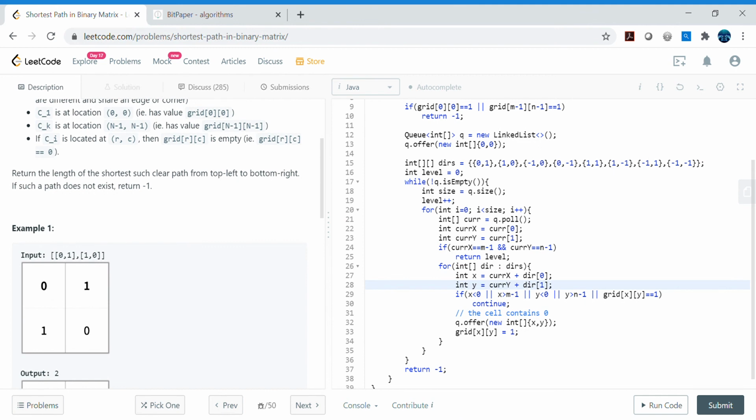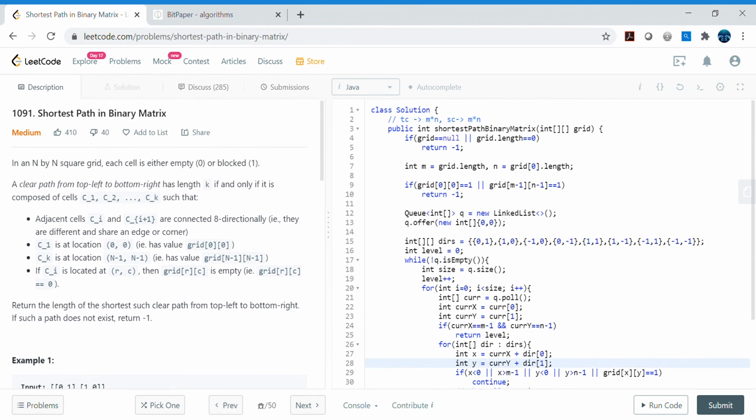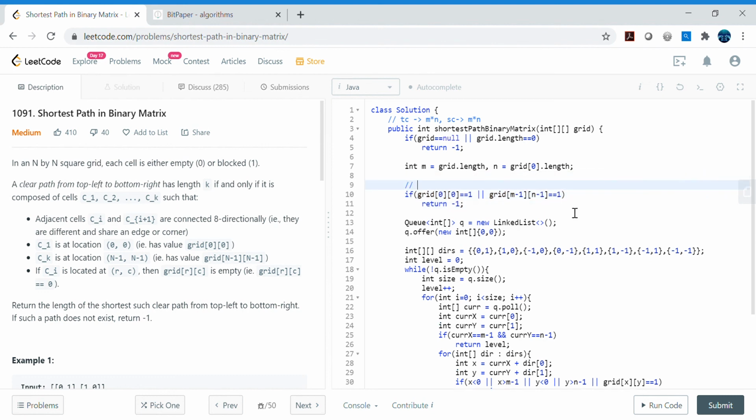Another important observation is we can only visit 0. So we have to handle the case where the starting cell is not 0, or the bottom right is not 0. If top left is not 0 or bottom right is not 0, then that is the invalid case. So we are handling this edge case as well here, otherwise it will fail for those cases.